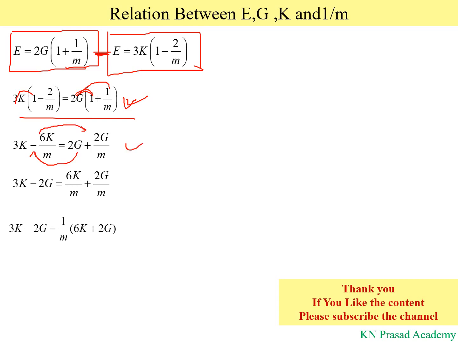Then this equation will become 3K minus 2G equal to 6K by M plus 2G by M.